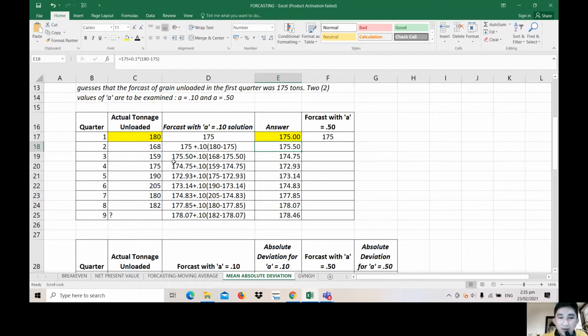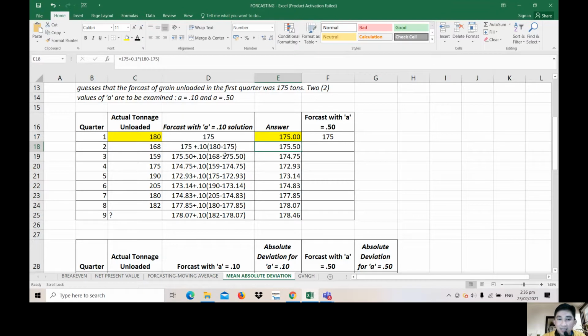Look at the third quarter. Here it is: 175.50 plus 0.10. The data here is based on the previous quarter, quarter 2, its actual and forecast. What are the actual and forecast on quarter 2? 168 and 175.50.